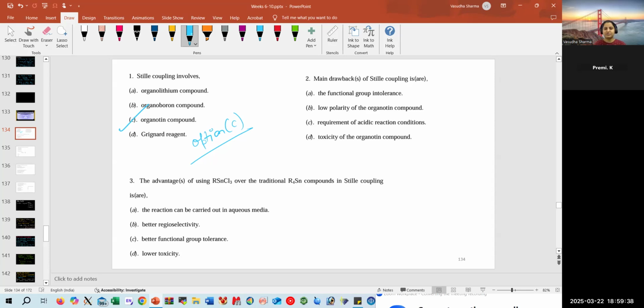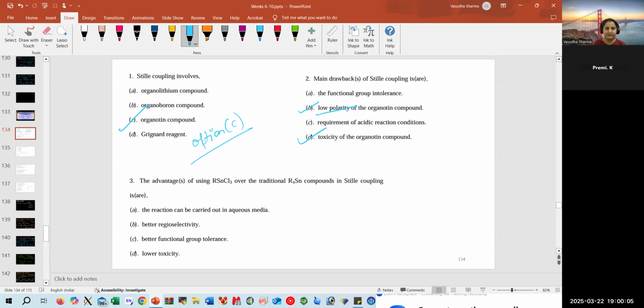The option is absolutely correct, organotin compounds have a toxicity level. Besides that, there is low polarity also. They don't have a high polarity to go into the charge separation. So the low polarity is also a drawback, which sometimes proves to be less reactivity for these reactions too. Right?